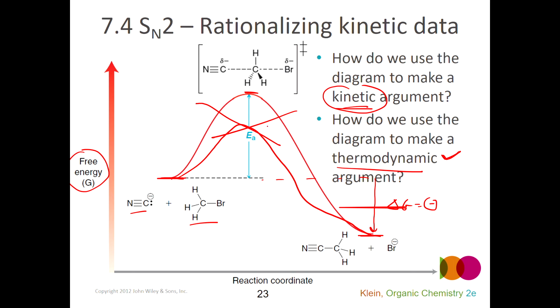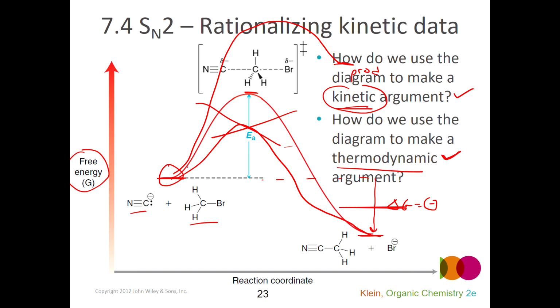But even if the collisions happen often and I produce a lot of the products, if the product were much higher in energy than the reactant, well then when it is produced and it reaches equilibrium, I would get mostly reactants. So if I want to make a reasonable amount of product in a reasonable period of time, I have to look at both of these factors.